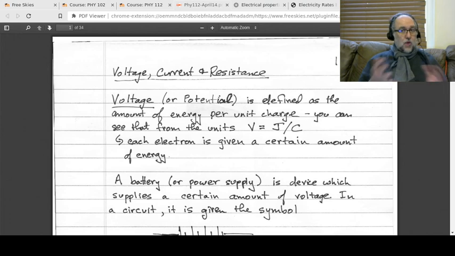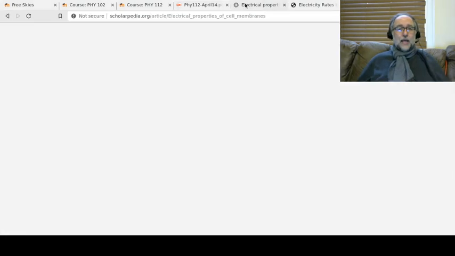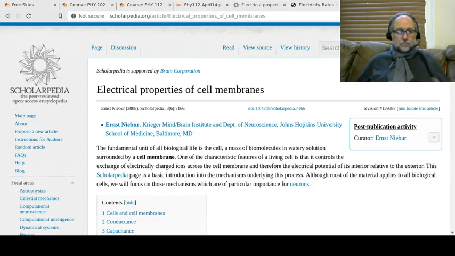This is much broader than that, and you can talk about the electrical properties, for instance, of biological systems like cells. Just to give you an example, though it's beyond the scope of the course, I just Googled for electronic properties of cell membranes, and there's a website called Scholarpedia.